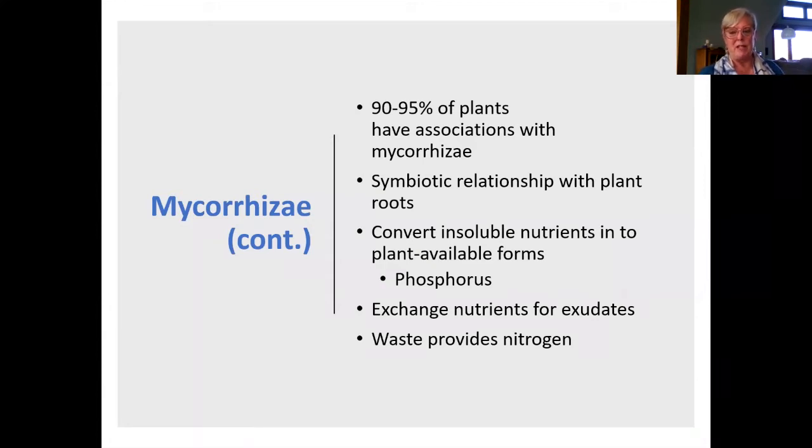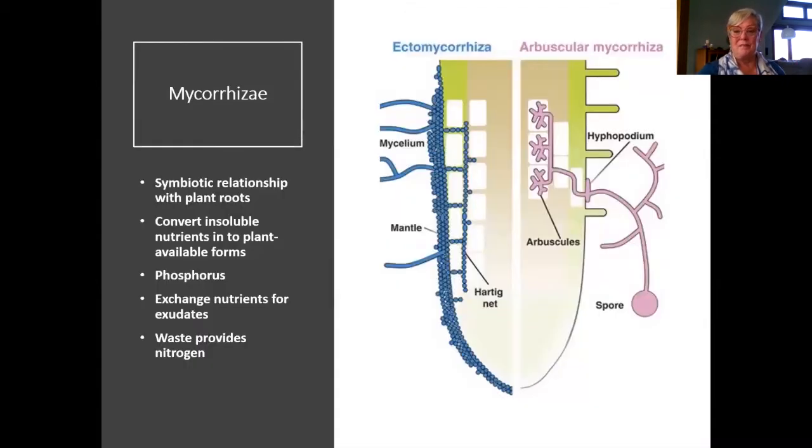They are the primary source for that. And they exchange these nutrients for those sugars that the plants put out. And the waste from that cycle also provides nitrogen.